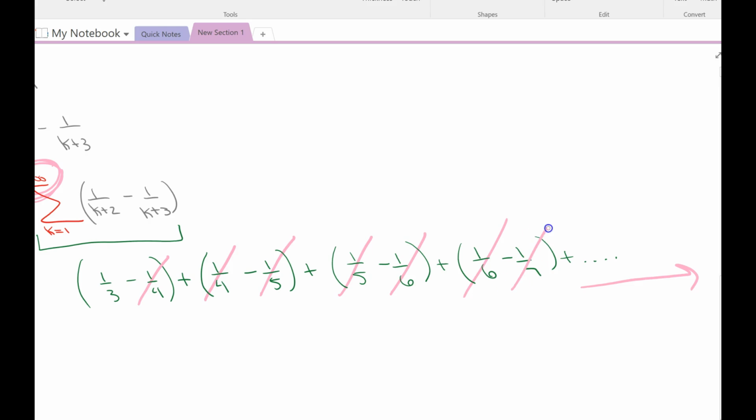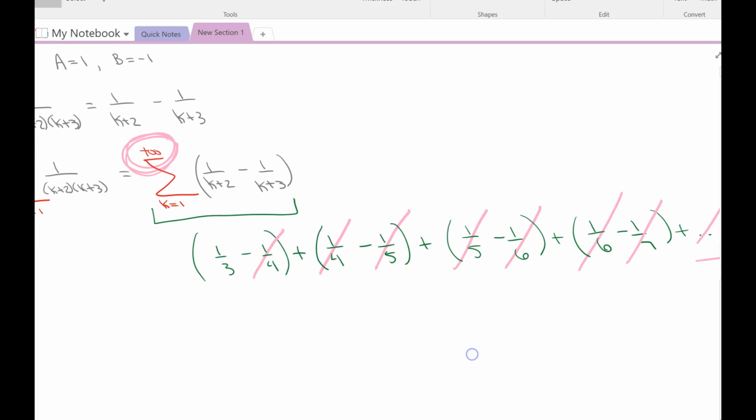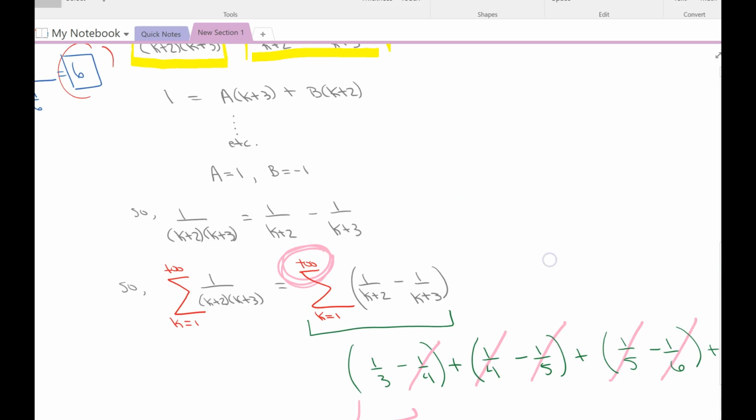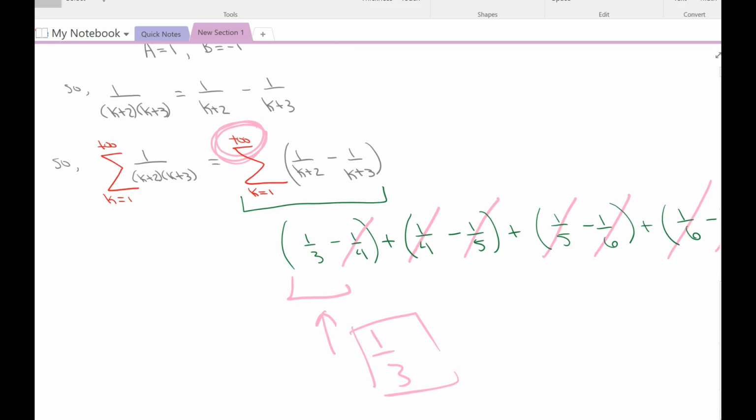Which means every single term forever and ever will cancel. What's left though? Oh, this lone 1/3 is left. So in this case, this series, it's not geometric, it's not arithmetic, but with some fooling around with it, I'm able to see that the series does in fact converge to 1/3.